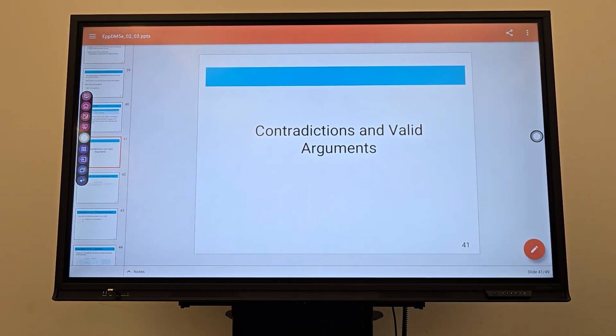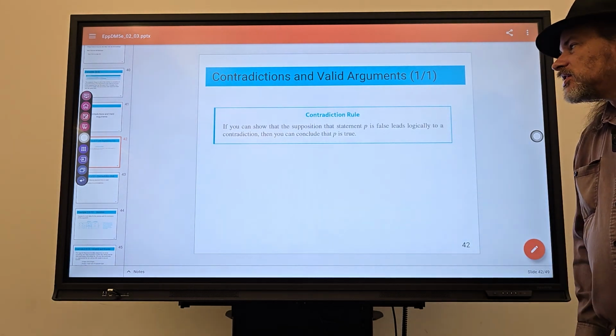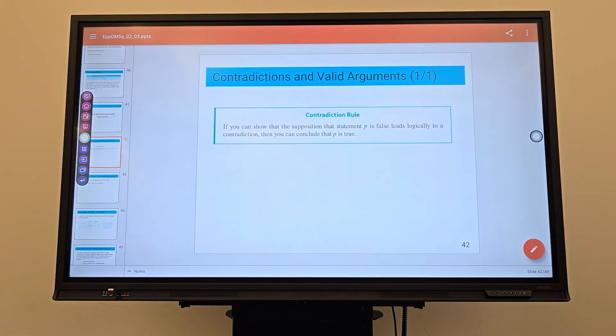Contradictions and valid arguments. The contradiction rule: if you can show that the supposition that the statement P is false leads logically to a contradiction, then you can conclude that P is true.